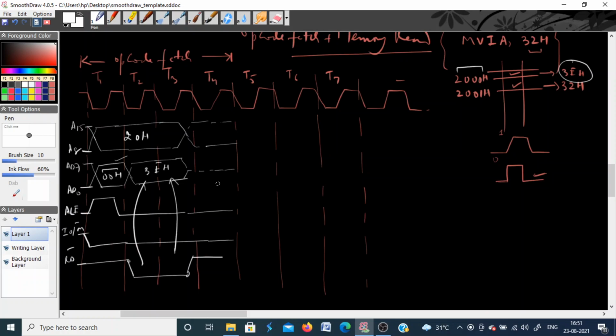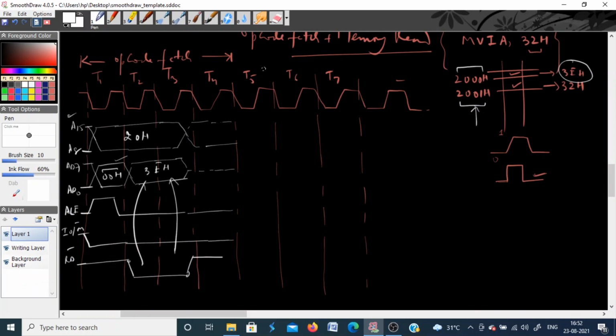It will decode, basically not execute now. It will decode and come to know that it has to load a constant number into the accumulator, and that number is stored at the next memory location, that is 2001. Once the processor has placed the address on the address bus, the program counter is free. It has been incremented by 1, so it now points to the next memory location, that is 2001.